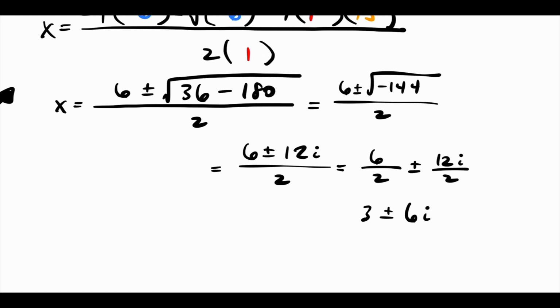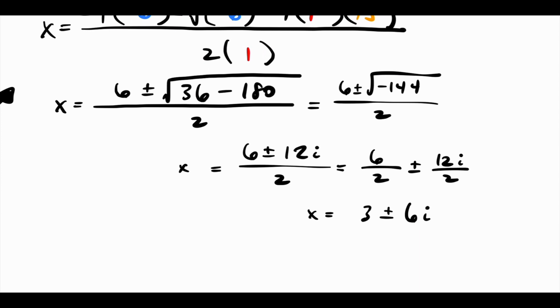Here's my question now. How many answers do I have? Or first of all, can I add 3 and 6 together? No. Can I subtract them? No. Now, how many answers do I have? Yeah, I actually have 2 answers. I have 3 plus and 3 minus.